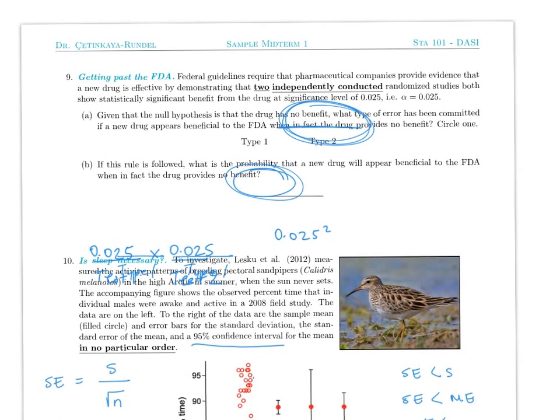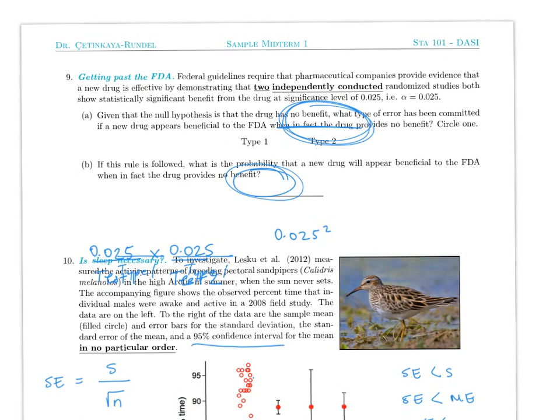Okay. So, the FDA says that if a new drug is deemed to be effective, we need 2 independently conducted randomized studies that both show statistically significant benefit from the drug at a significance level of 0.025. Okay?